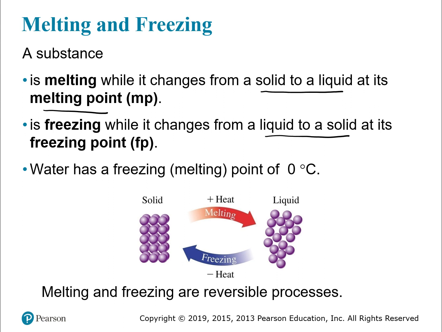Water has a freezing point of 0 degrees Celsius. So if you've got a solid and it's at 0 degrees Celsius, it's going to start melting. If you've got liquid at 0 degrees Celsius and you are cooling it, it's going to solidify. Melting and freezing are reversible.